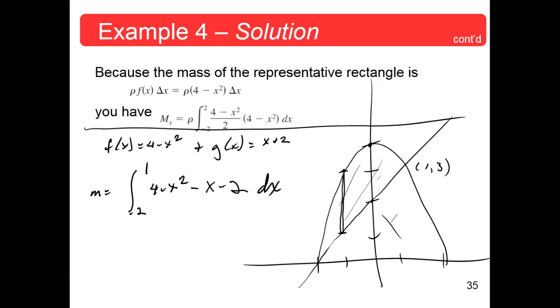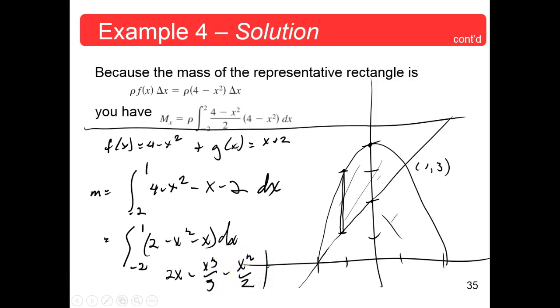Top minus the bottom. That would be it. Now we can simplify that a little bit. It's the integral from minus 2 to 1, 4 minus 2 is 2 minus x squared minus x dx. What's the antiderivative of that? 2x minus x cubed over 3 minus x squared over 2, evaluated from negative 2 to 1.